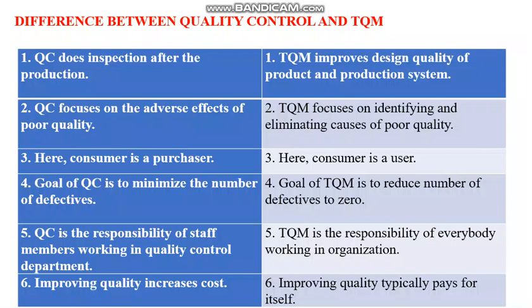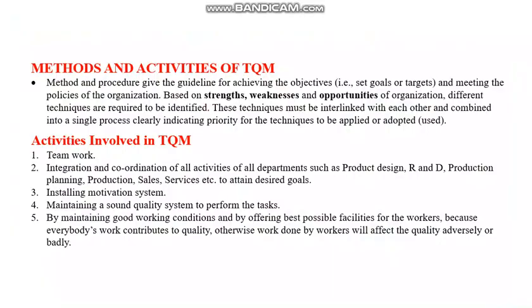And improving the quality increases cost in the case of quality control, whereas improving the quality typically pays for itself in the long run in total quality management. These are the differences.